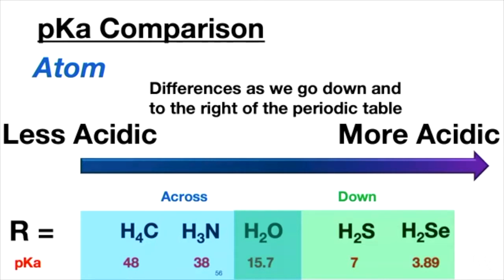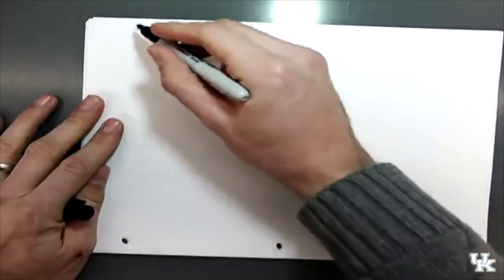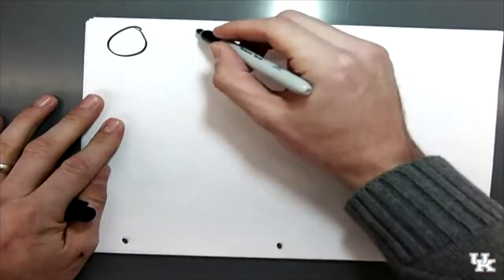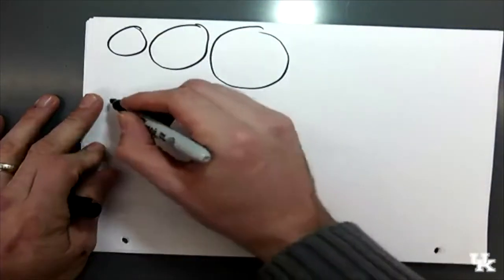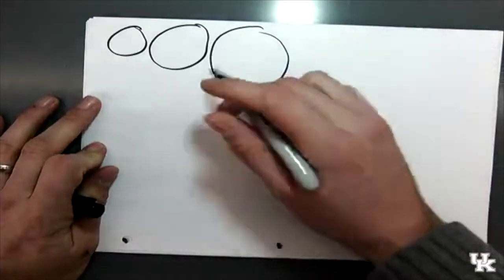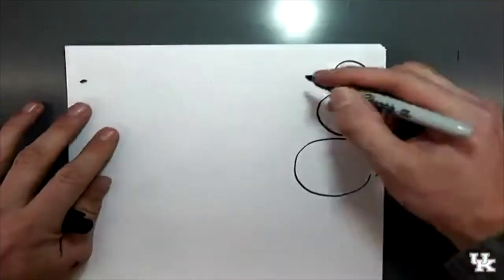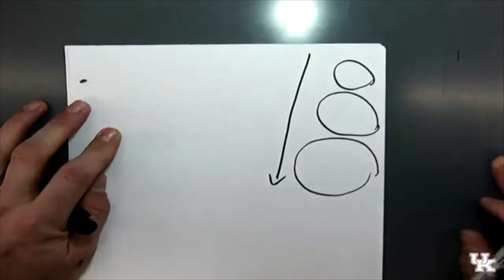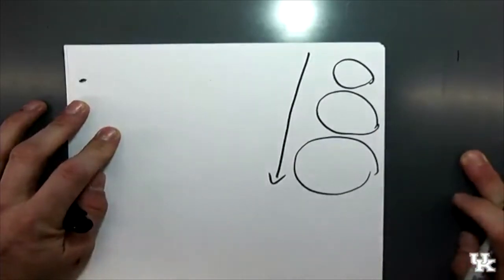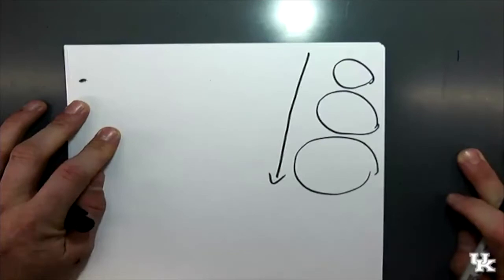Now, as you move down the table, no matter where you are, those atoms are able to hold a charge better. And that's because if you imagine, I'm going to just draw some small circles here. These are our pretend atoms. As we go down the table, the atoms get bigger because they have larger nuclei and because they have larger electron clouds overall.